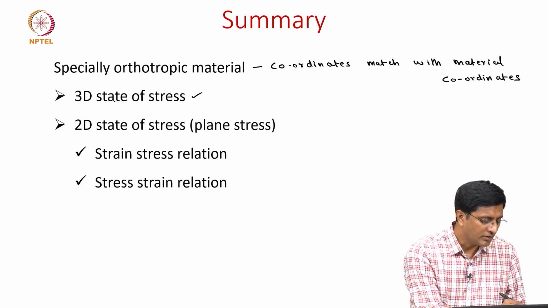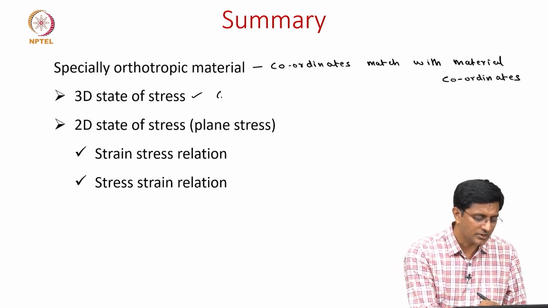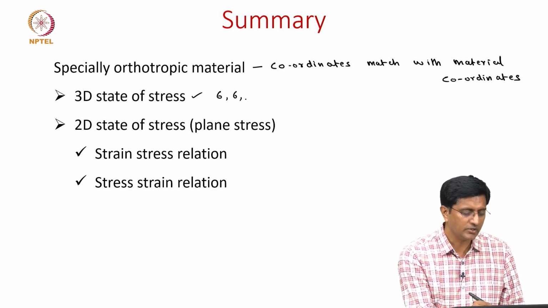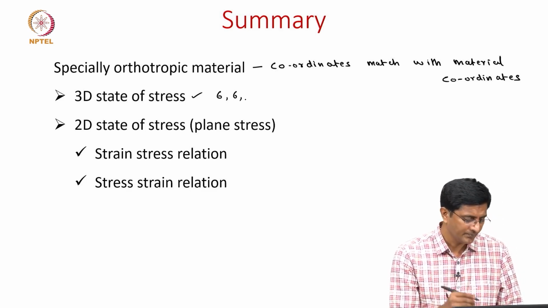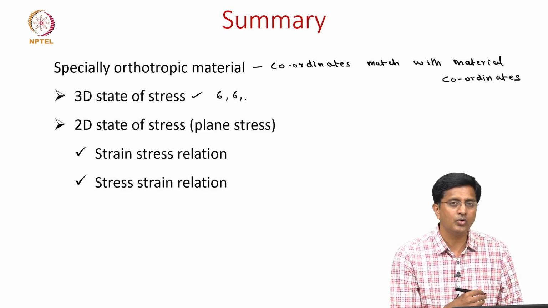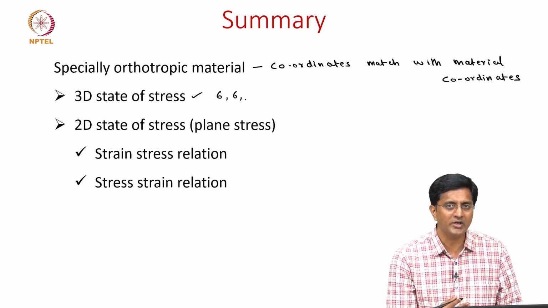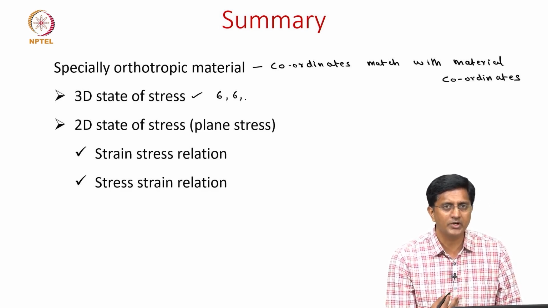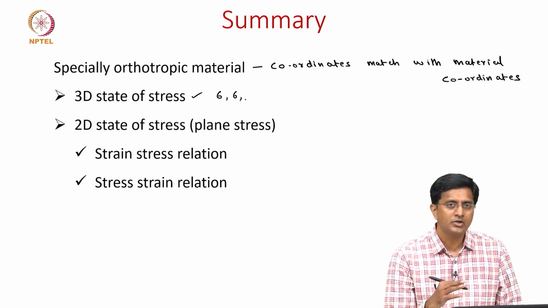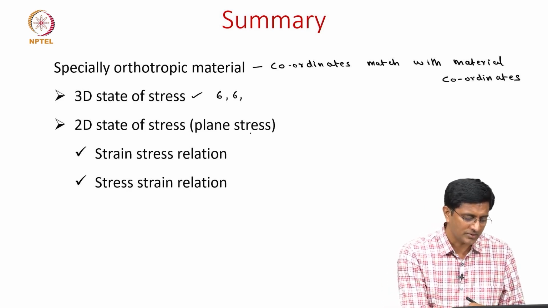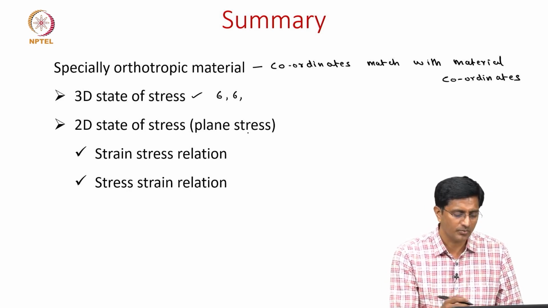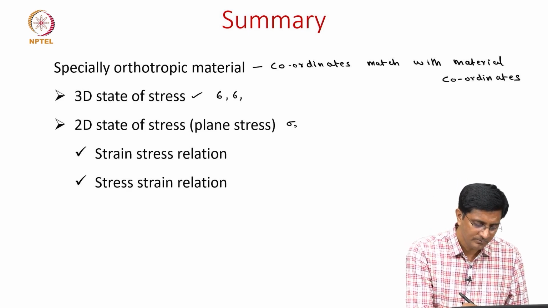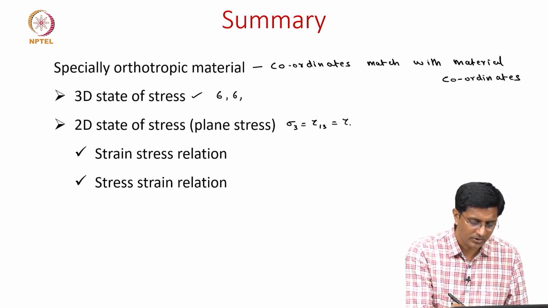To define this 3D state of stress, we had 6 components of the stresses and the 6 components of strain related with the stiffness or the compliance matrix. But when we moved to discussing lamina, we said usually lamina can be treated as a 2D state of stress or a plane stress, where the out of plane stress components go to 0, like sigma 3, tau 13 and tau 23, they all go to 0.